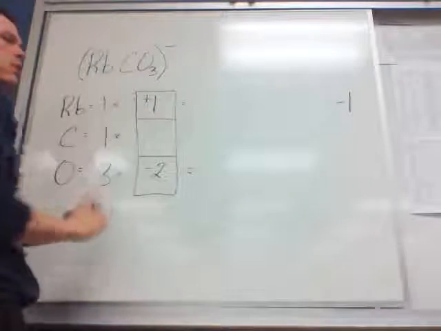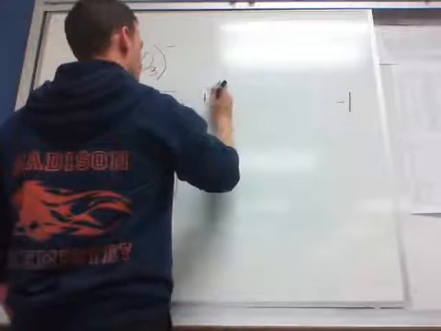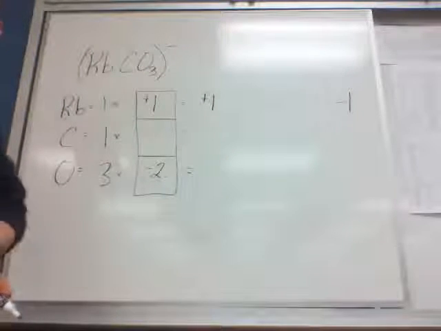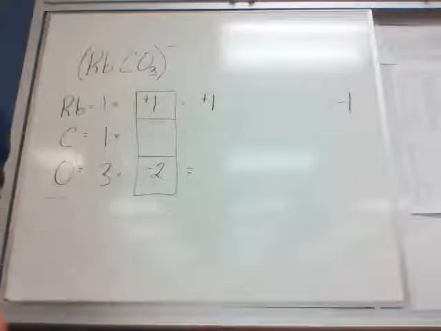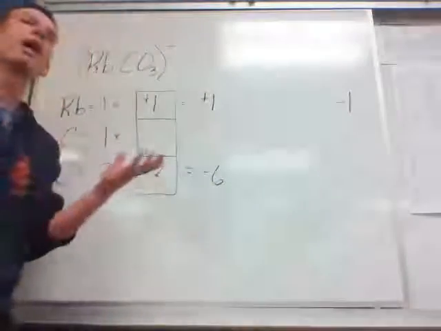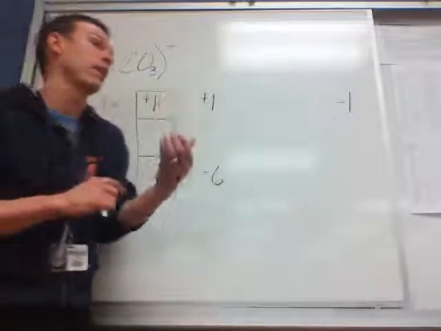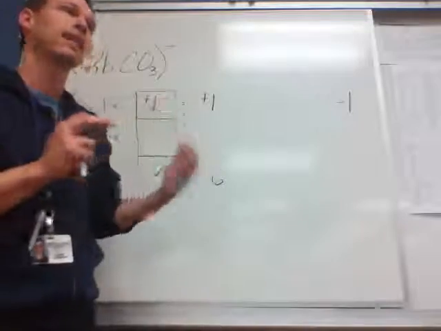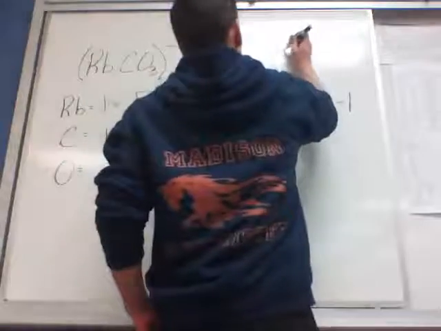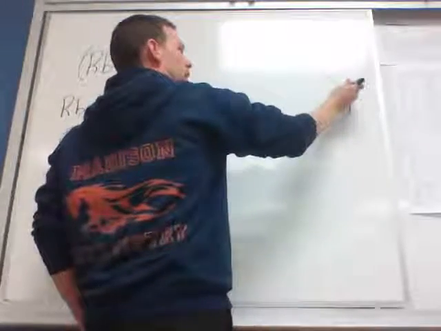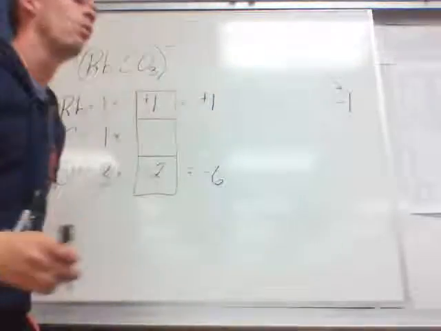1 times +1 is +1. 1 times 1. 3 times -2 is -6. Now let's see where we're at right now. If I had a calculator, because I didn't trust my integer skills, and I put 1 plus -6, I would get -5. I need a -5 to really be a -1.